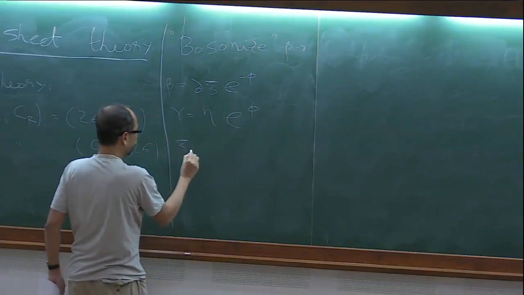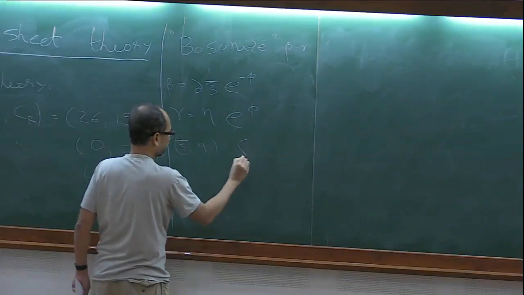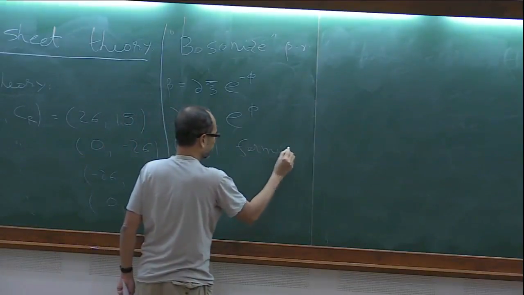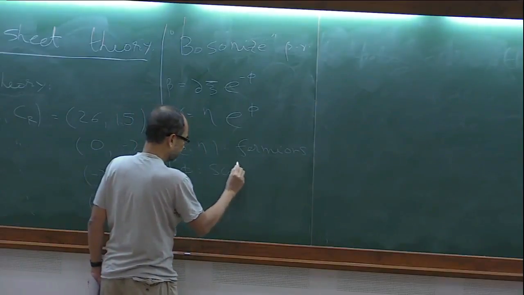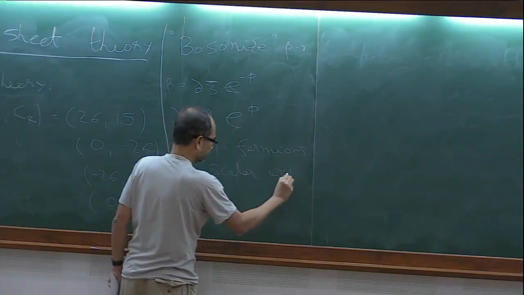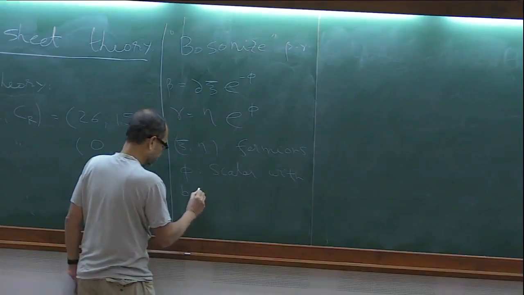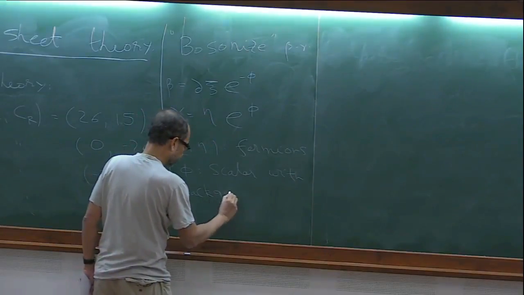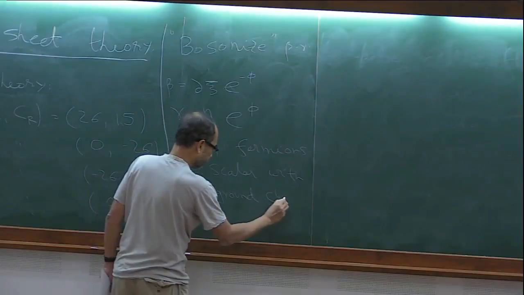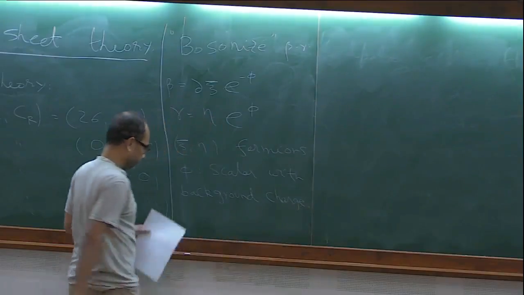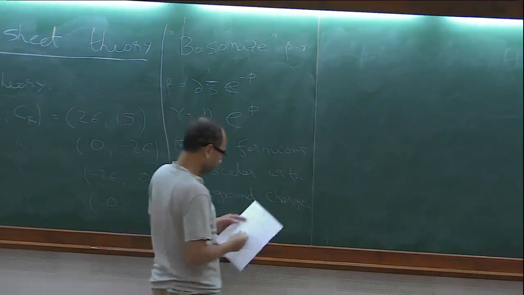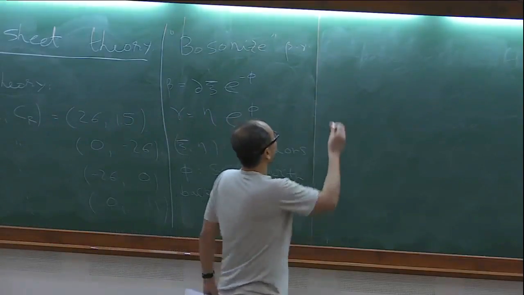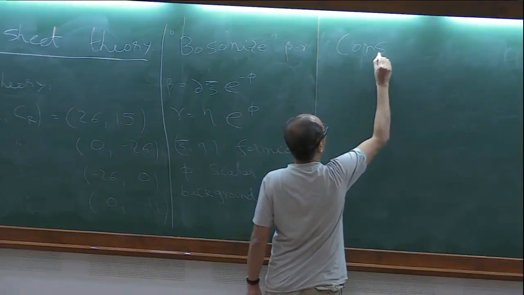So here xi and eta are fermionic, and phi is a scalar with background charge. So we assign conserved quantum numbers.